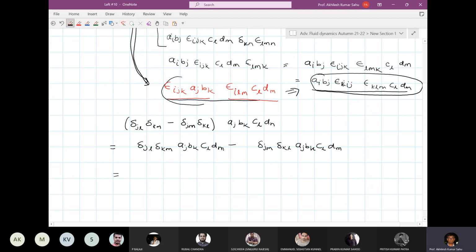Praveen, can you simplify this? First, we have to simplify this: delta_jl, then delta_km, then delta_jm and delta_kl.